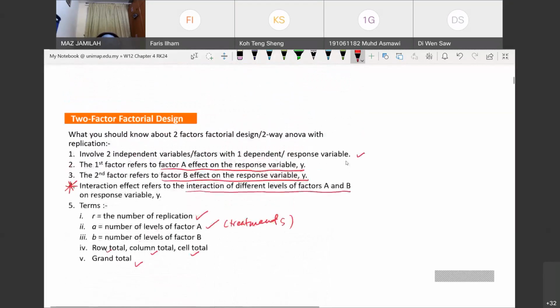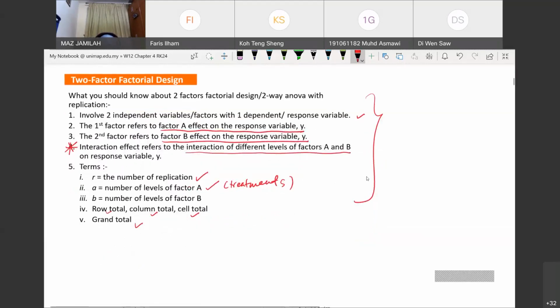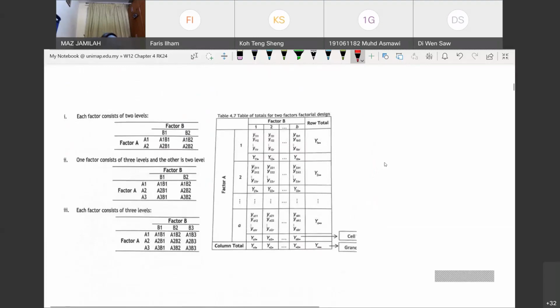I just want to mention that these will be among the things that are repeatedly used when discussing two-way ANOVA. Now, if you look at your textbook on page 134, you can see different examples of two-way ANOVA.